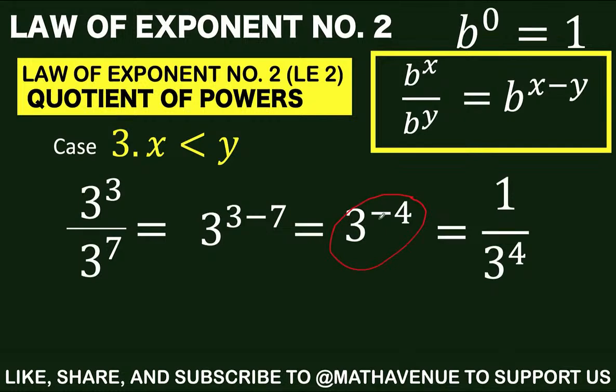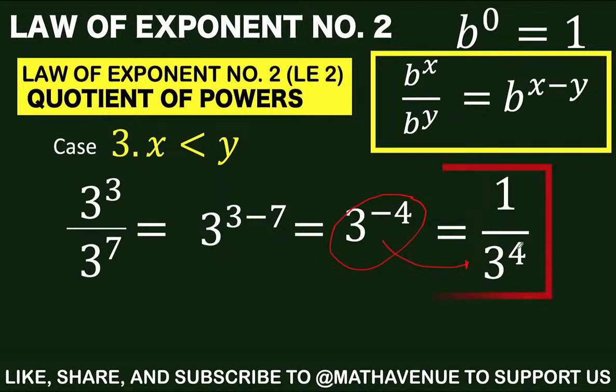And notice that this negative 4 becomes a positive 4 exponent if we write 1 as the numerator and we bring this entire exponential number down to the denominator. And that is always the case. When you have a number with negative exponent, you can always write 1 as the numerator and bring that exponential number with negative exponent down, but this time with positive exponent.